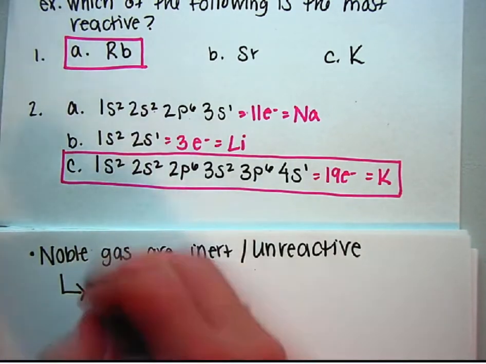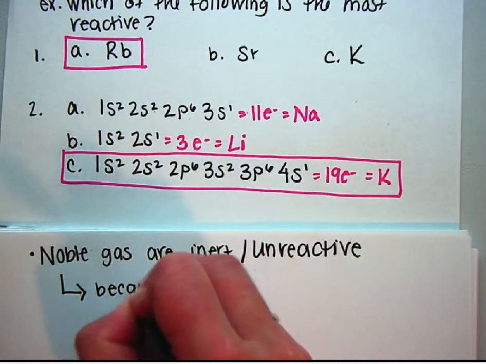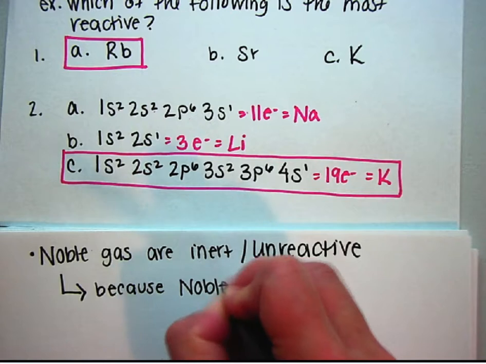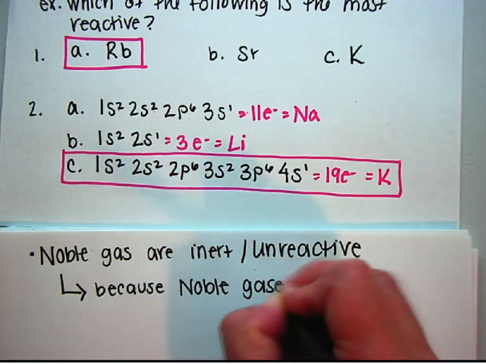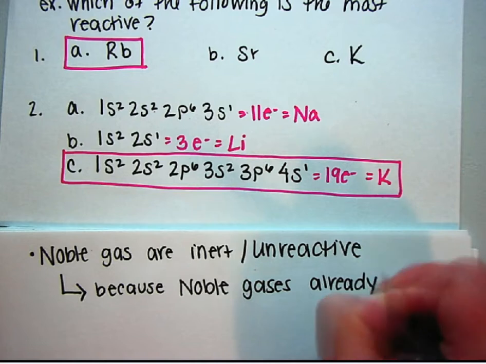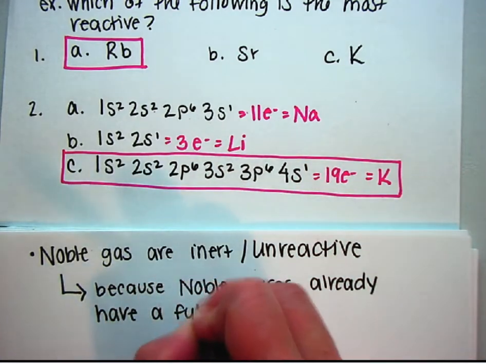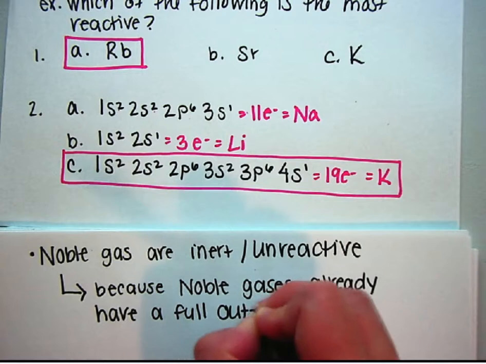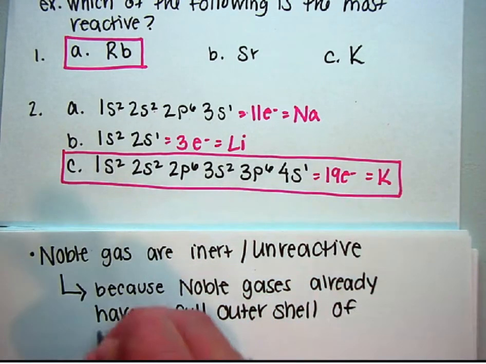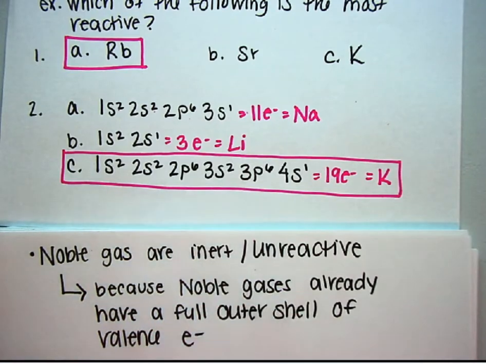The reason why is because noble gases already have a full outer shell of valence electrons.